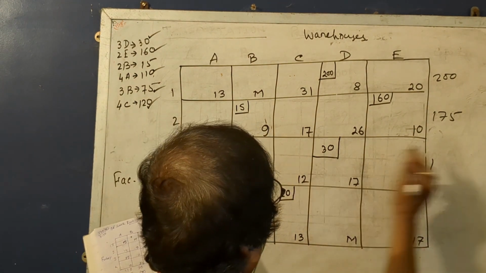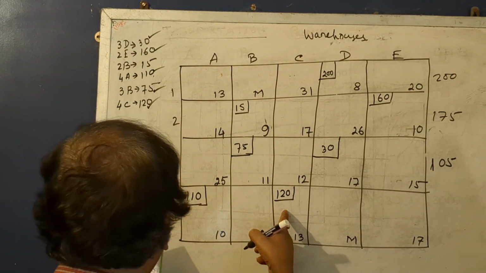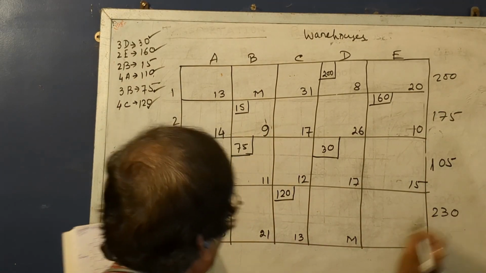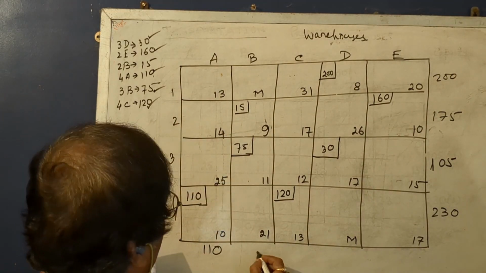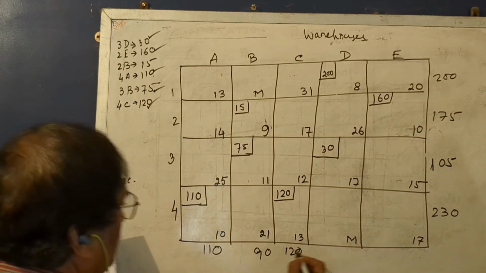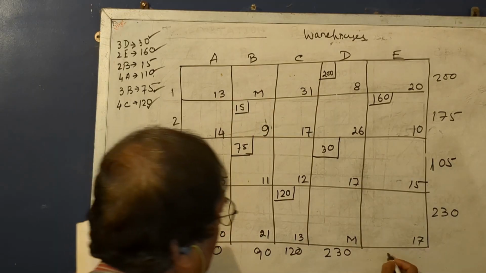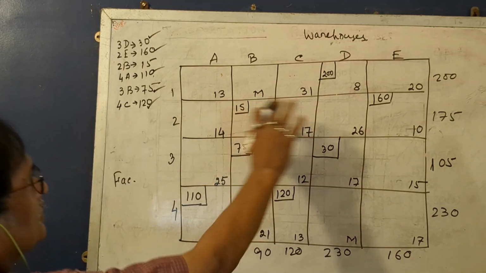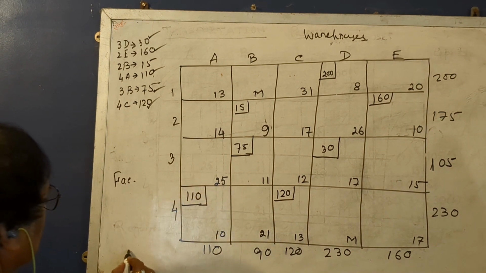This is 105 in the original problem, and this is 230. And vertically if you add, this is 110, and this is 90, and this is 120, and 20, 230, 130, 230, and this is 160. So this is your basic feasible solution by Ham method, and you can also find out the transportation cost by this method.